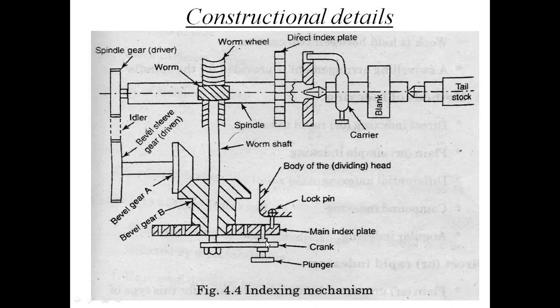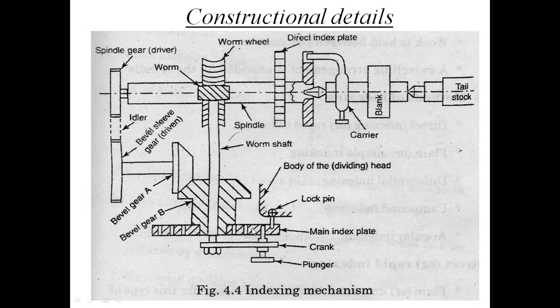This plunger is a spring loaded plunger. So understand this: the first rotation is of this crank, by pulling that plunger, and the second rotation is to the main index plate by removing this lock pin, in combination with this crank along with this assembly.